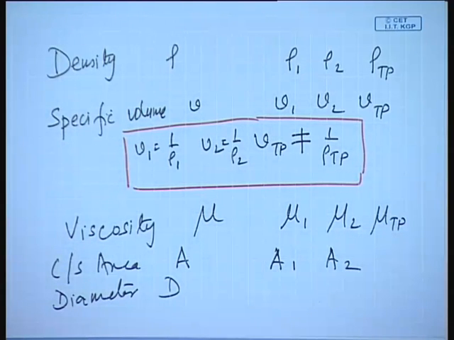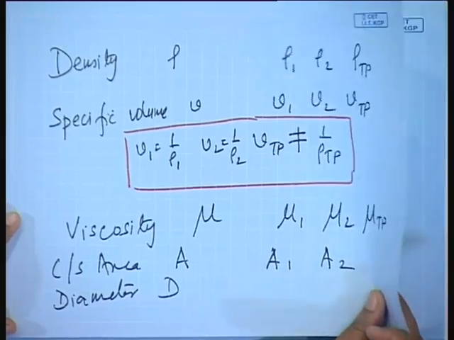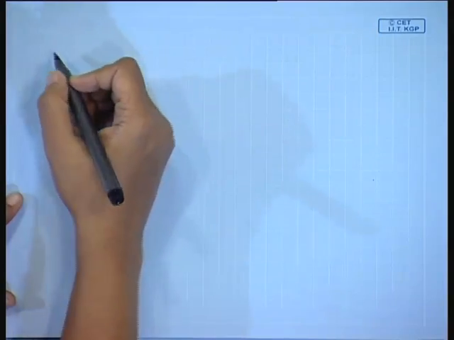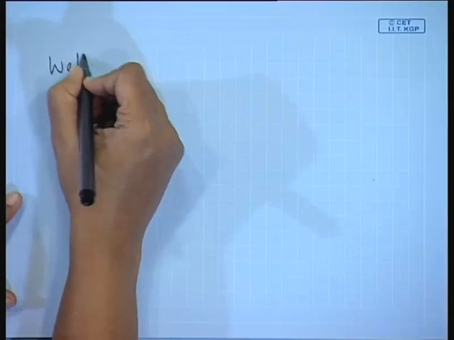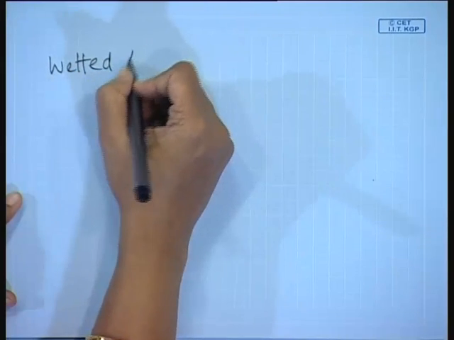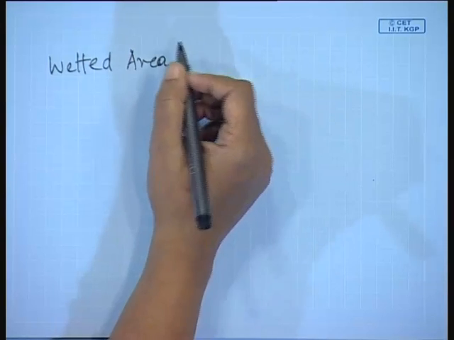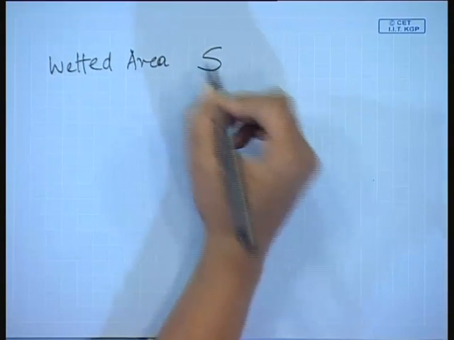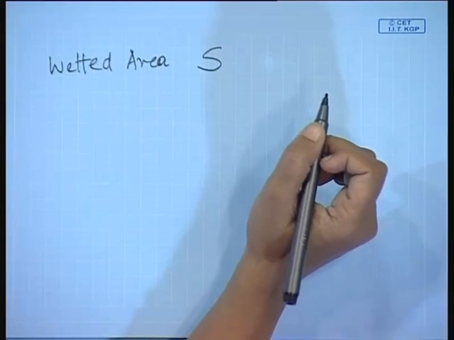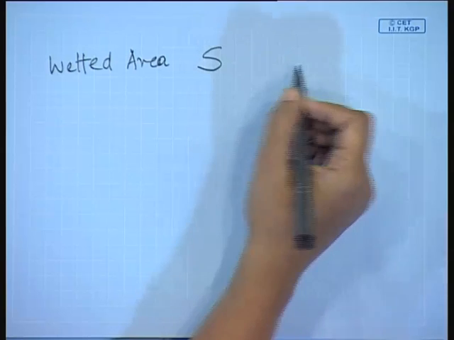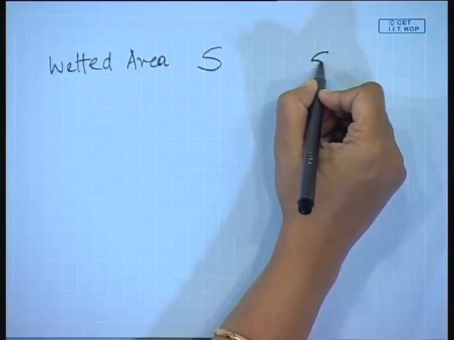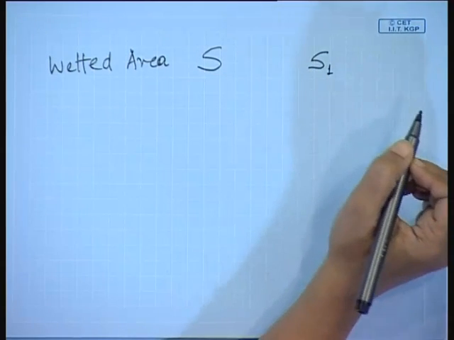plus A2. Well, after the cross sectional area, we have the wetted area, or the wetted perimeter, as you say. Usually, you can denote it as P, but I prefer to denote it as S. In this particular case, for two phase flow situations, we will have an S1.